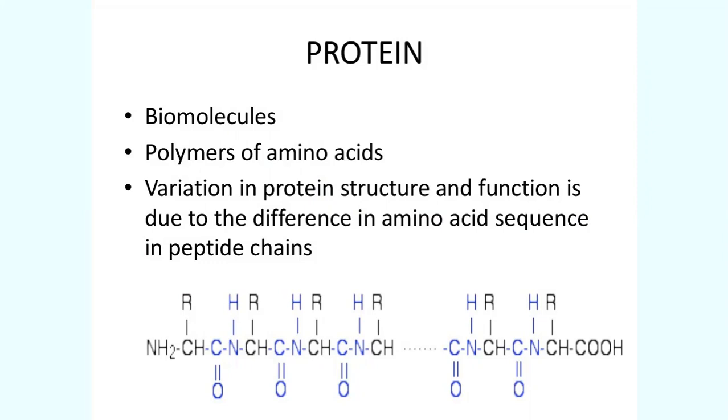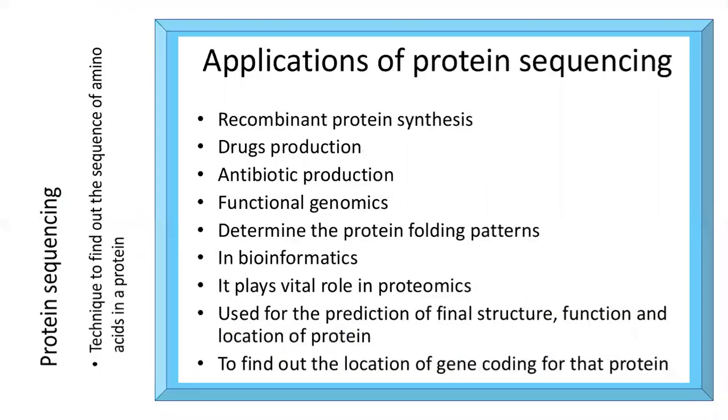So the way in which the amino acids are arranged in a polypeptide chain to give the protein a particular sequence is very important and very much related to how the protein comes to its final structure, and how that structure helps in the function of a particular protein.